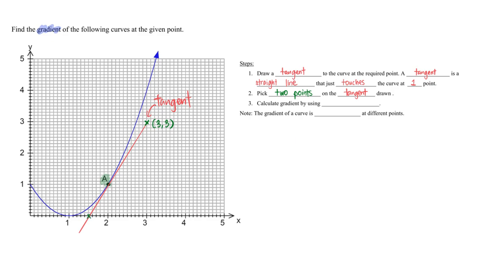And I'm going to pick this point here, x is 1.5, y is 0. So I repeat, you can pick any point on this tangent line. I'm just going to pick these 2 convenient points. And last is to simply calculate the gradient using the formula.